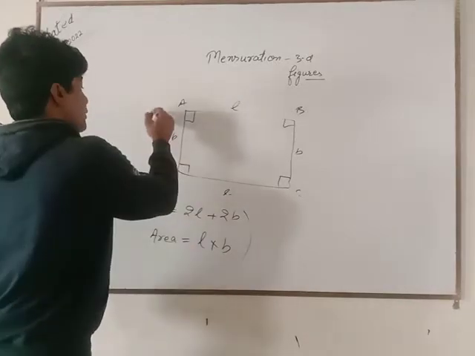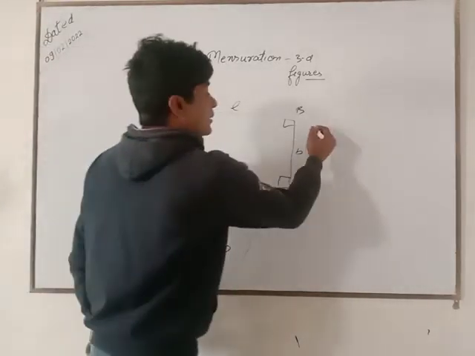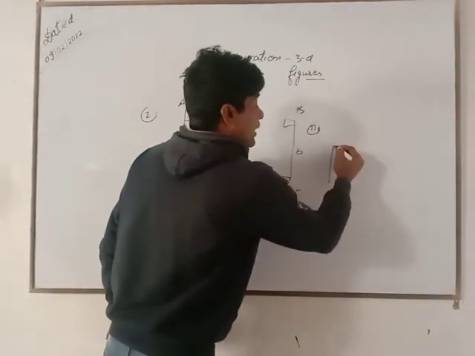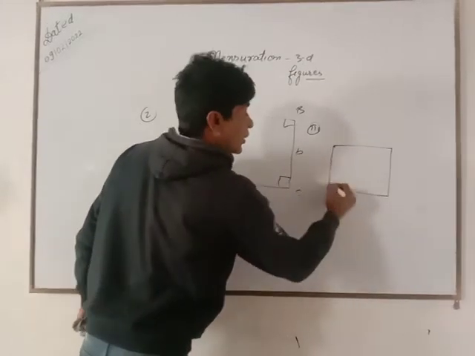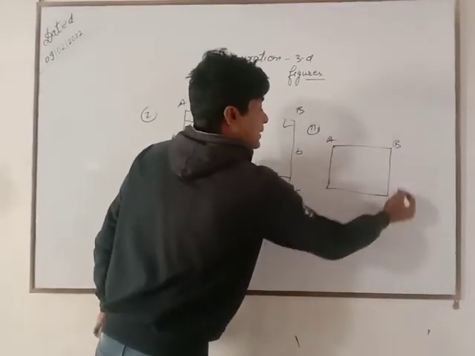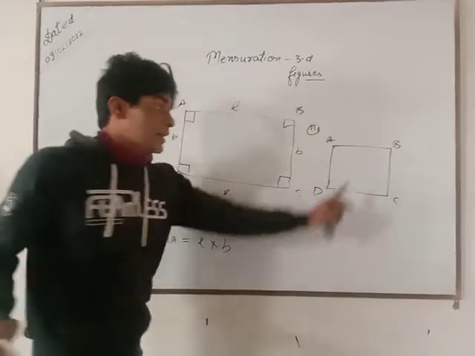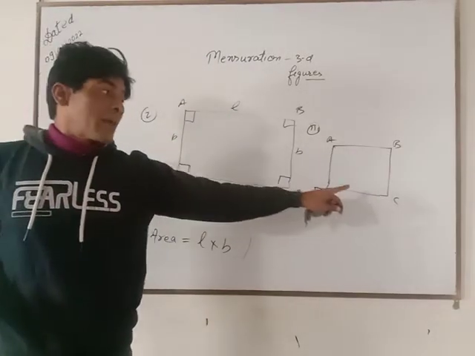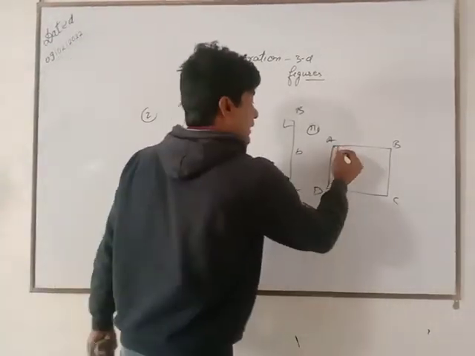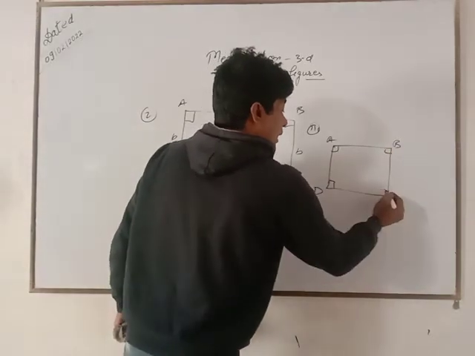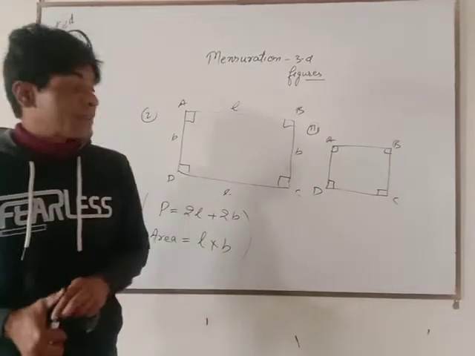Right? This is your second figure. And in the third figure, you take a square A, B, C, D. In this, opposite sides are parallel and all sides equal and each angle 90 degrees. Again, I am telling you the same thing.